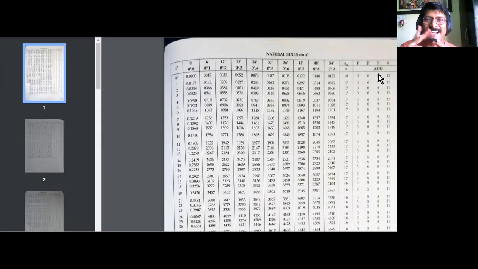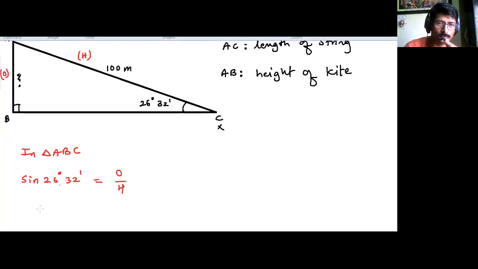In sine and tangents we add this mean difference. You got it? And this is called the lower value of this 26 degrees. So 0.4462 plus 5 is 0.4467. I hope you understood everyone how I got this value.